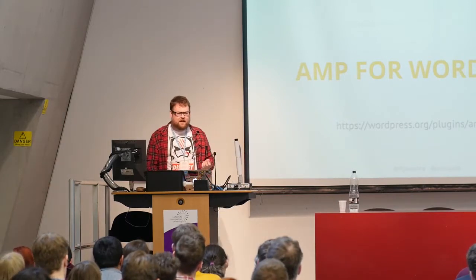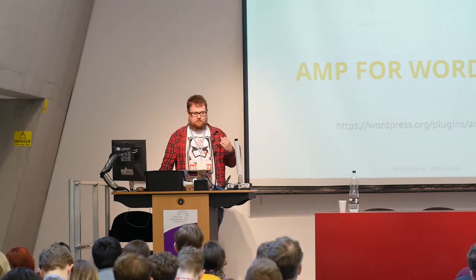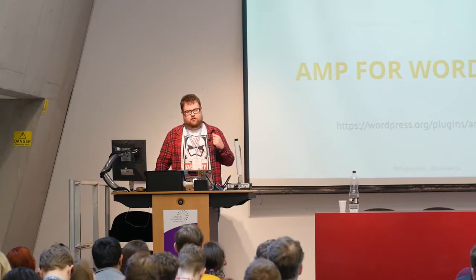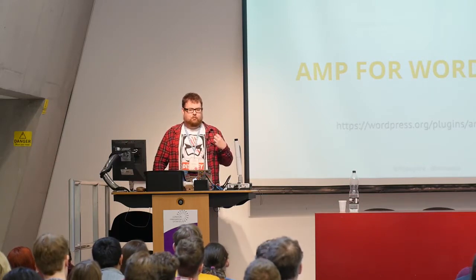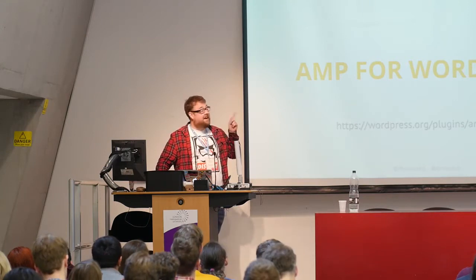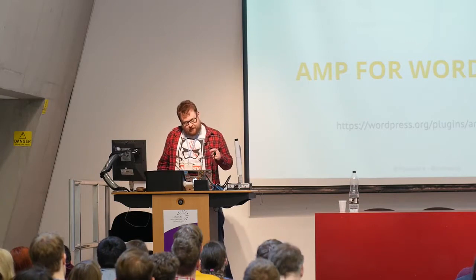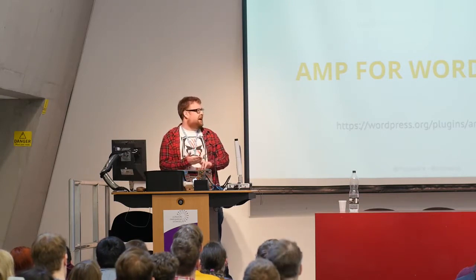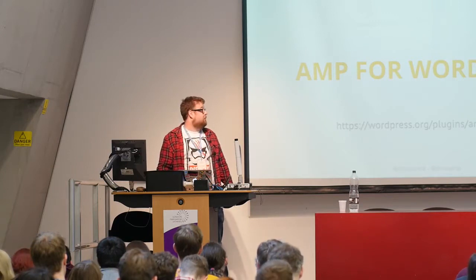AMP basically is a way to serve content over mobile faster, and Google does seem to suggest that they want to rank sites that have their standard better in Google. Now, I don't think they're doing it straight away, but they are marking sites as saying this is an AMP-backed page.